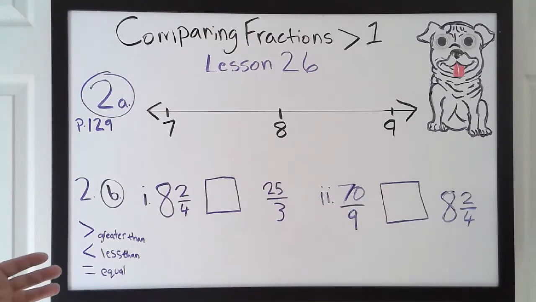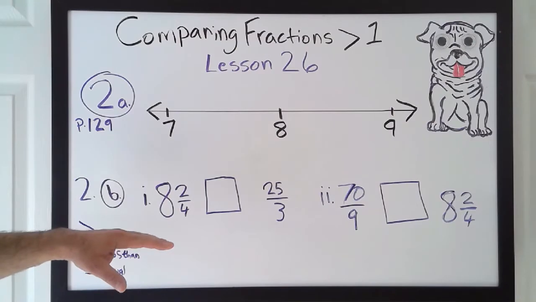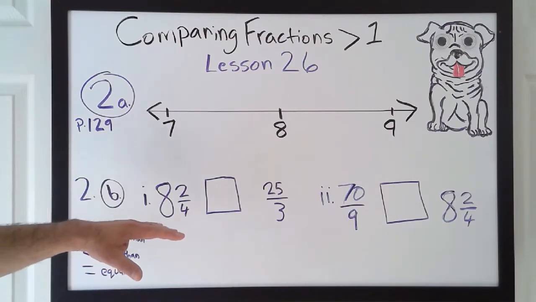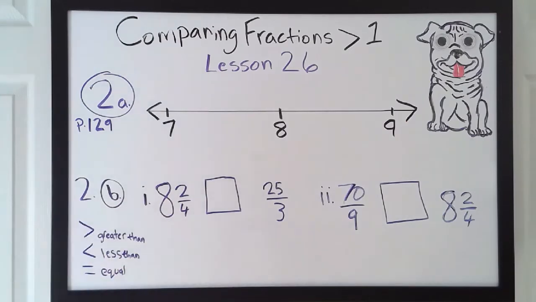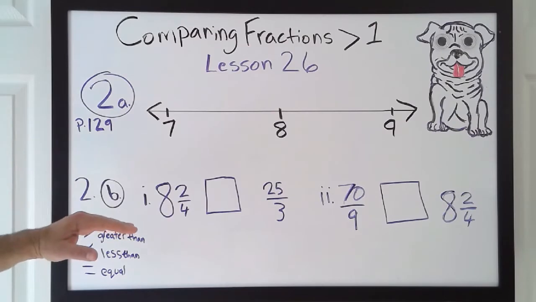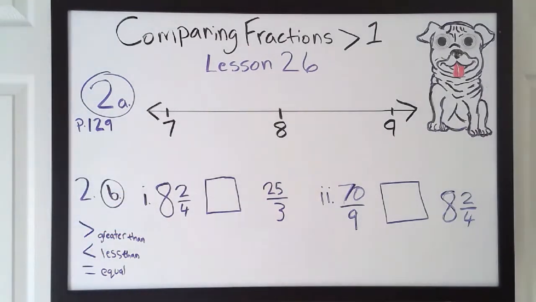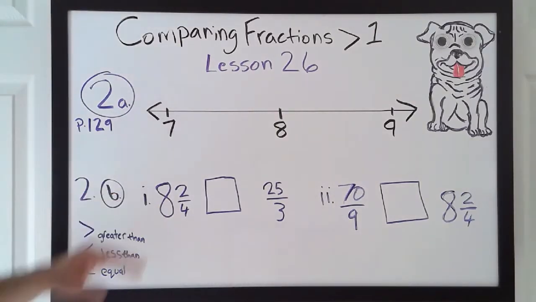We are using the same skills that we learned in 23, 24, and 25, where we have to convert mixed numbers to improper fractions or improper fractions to mixed numbers so we can compare the two. In 26 and 27, we take it in baby steps by giving you a number line. We plot them on the number line, and we decide which one is bigger and smaller. But like I said, first step is that you've got to convert first. So we'll make that decision in a minute.